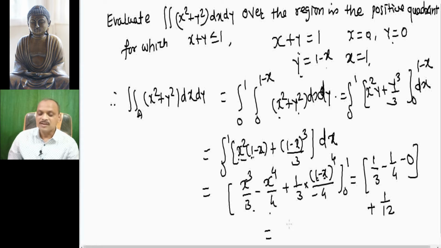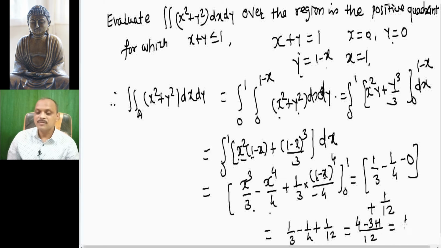So here we have 1 divided by 3 minus 1 by 4 plus 1 divided by 12. Then take the LCM, 12: 3 fours are 12, so 4 minus 3 plus 1 equals 2 divided by 12, that is 1 divided by 6. So this is the answer of this integration.